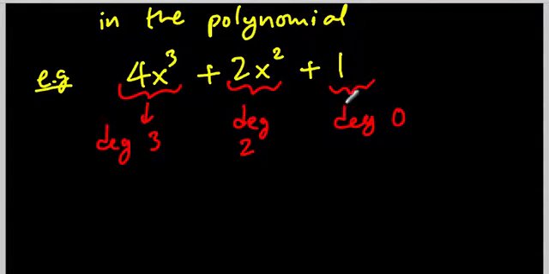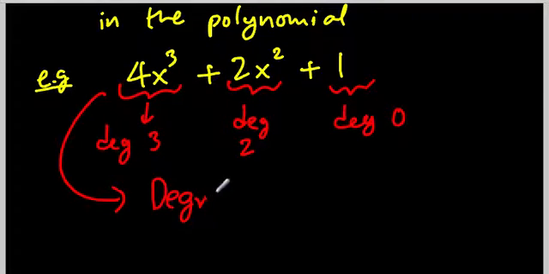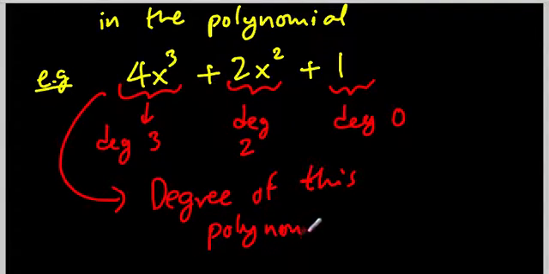Well, it's 3. So therefore, the degree of this polynomial is 3. That's it. We simply pick the highest one. We're not adding or multiplying or anything like that. When it's separated by the plus or minus operators, we simply take the highest degree.